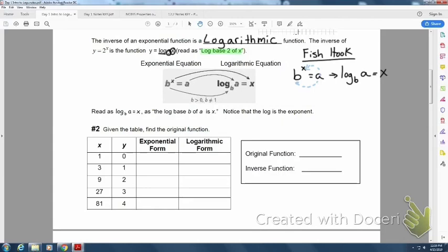If it's already in log form, so let's say you have it like this, and you need to put it into exponential form for whatever reason, you can do the exact same thing. I'm going to start with my base. Again, you need to have an idea as to what form you're writing. My base, I'm going to raise it to the power of something.